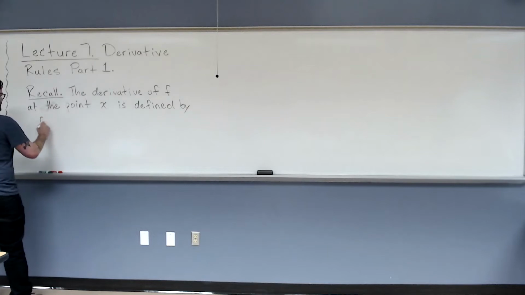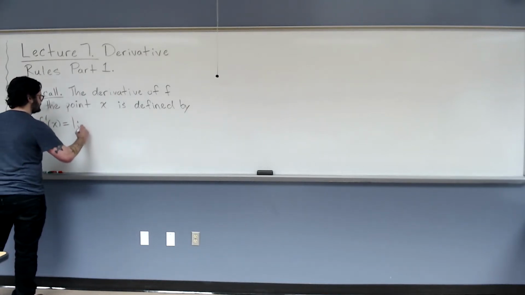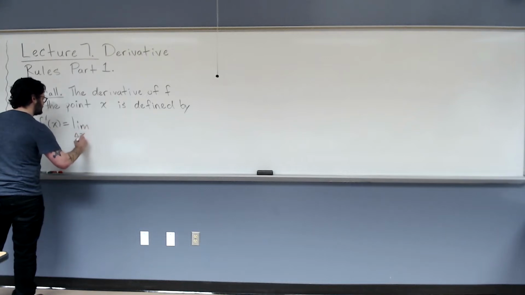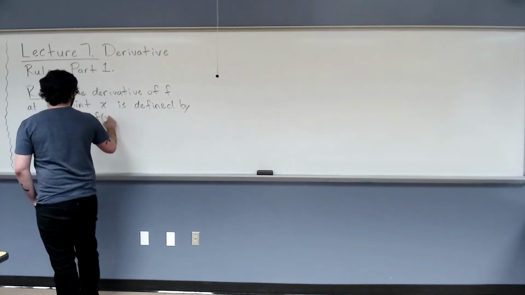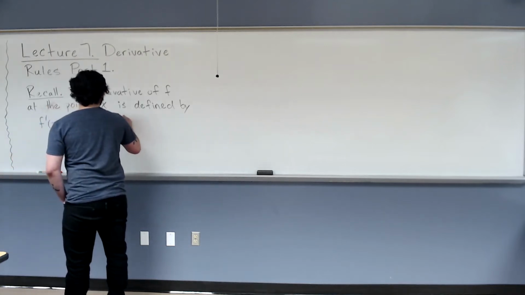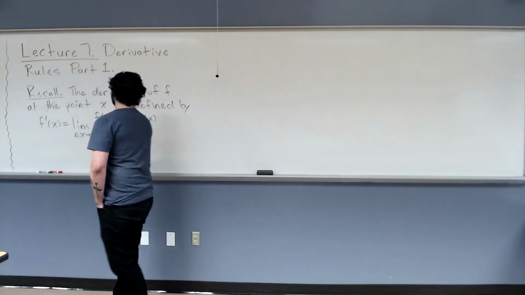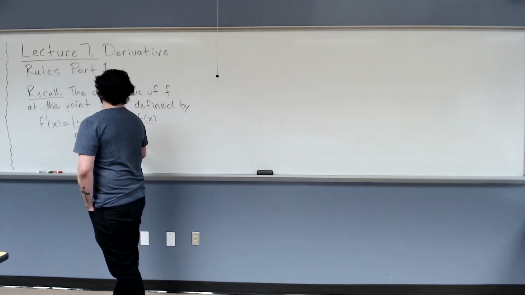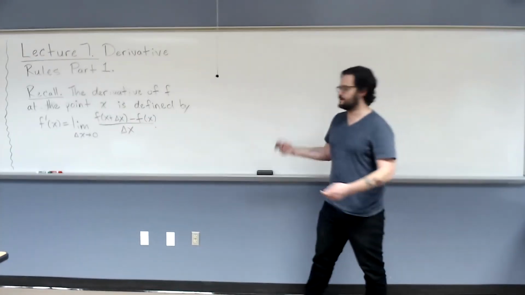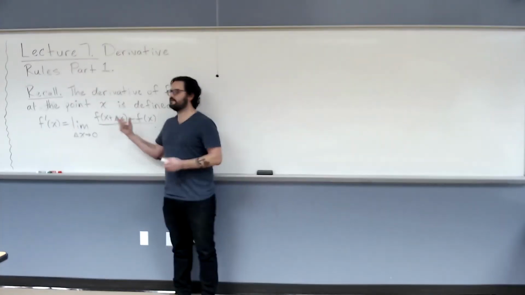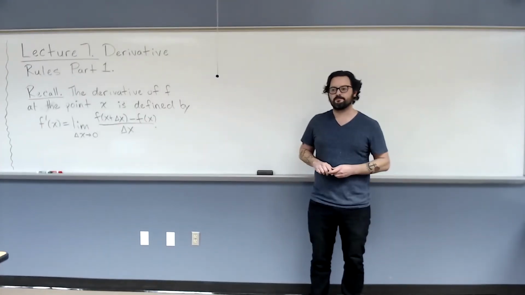So f prime at x is equal to the limit as the change in x goes to 0 of the difference quotient with the differences in x. Okay, sometimes you'll see delta h, doesn't matter, it's just a change. If we're perturbing x by a little bit, and we're looking at what happens as this value goes to 0.